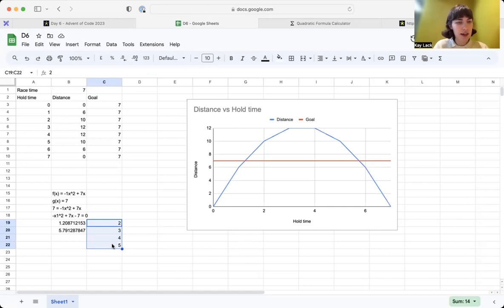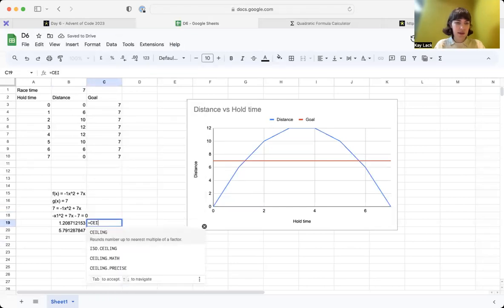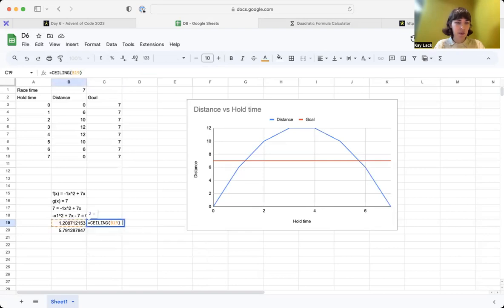So what this amounts to is the ceiling of this number. Sorry, just my mental model of mathematics is not great.